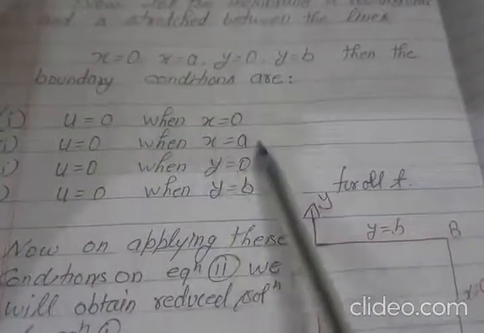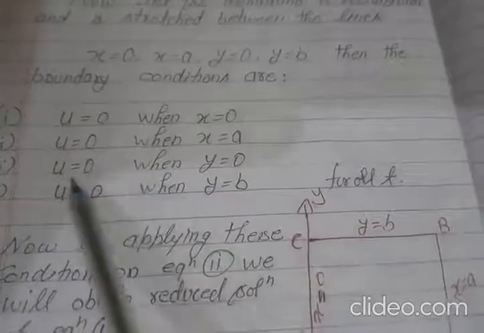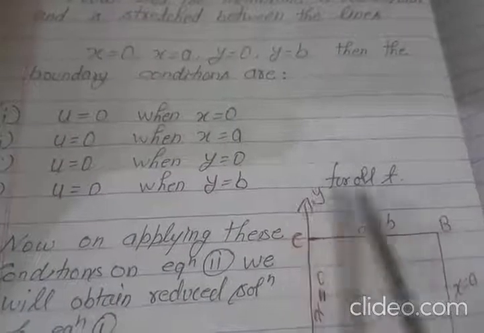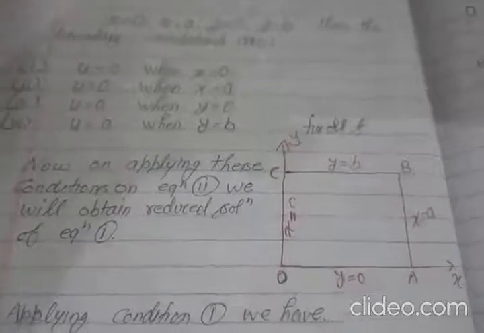When x is equal to a, u will be 0. When y is equal to 0, u will be 0, and when y is equal to b, then u will be 0 for all t. Now on applying these conditions in equation 11, we will find the reduced solution of equation 1, or we can say we will find the solution for equation 1.